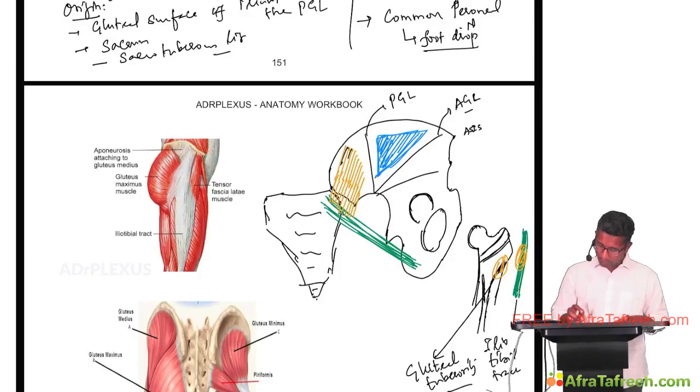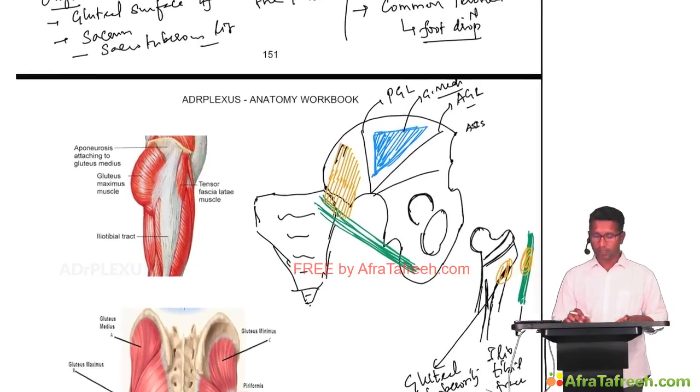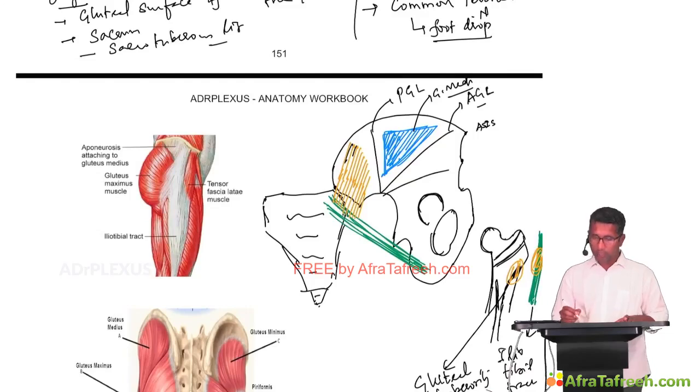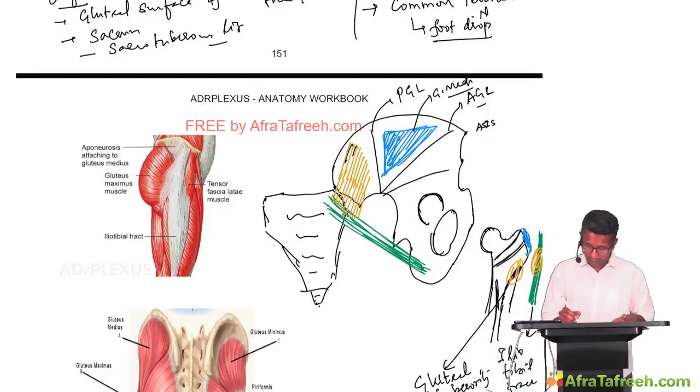If you see gluteus medius muscle here, you should know where it gets inserted. This is the origin of the gluteus medius. The muscle goes and gets attached to the anterolateral aspect of the greater trochanter. So this is the insertion of the gluteus medius muscle.